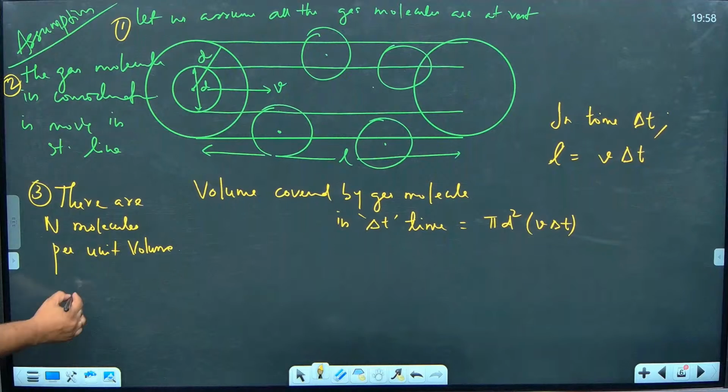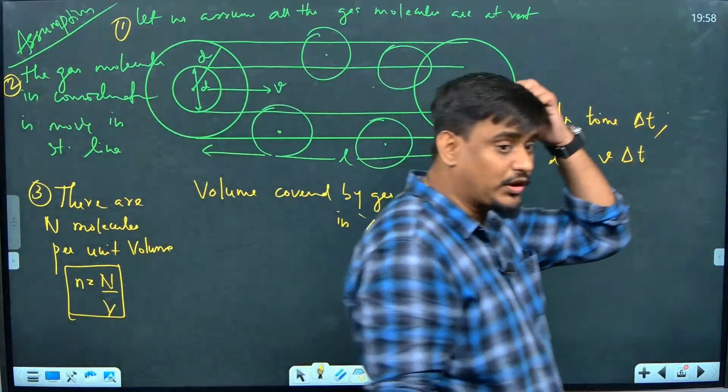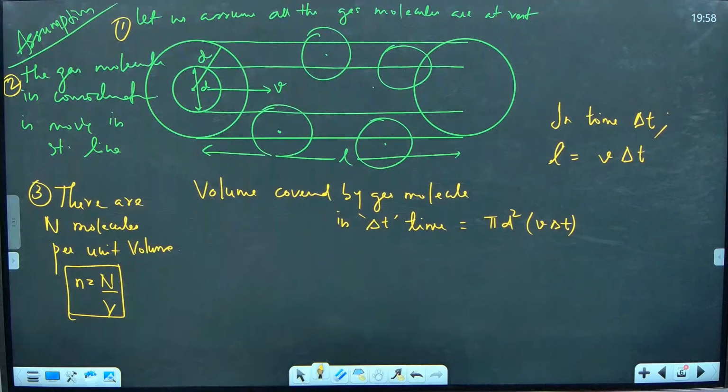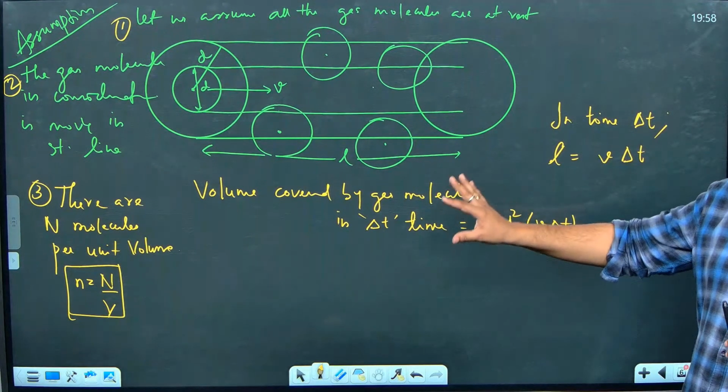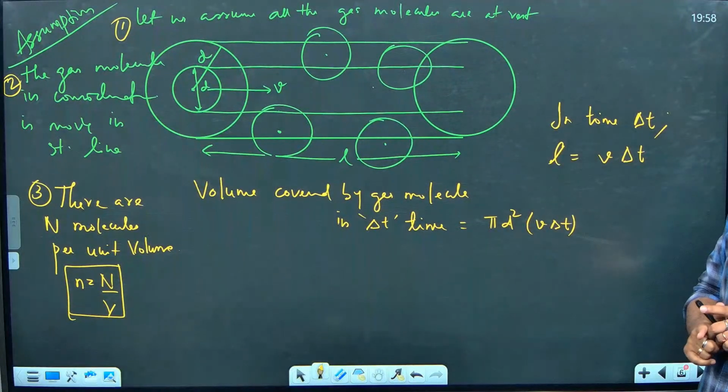So, small n I am taking as capital N by V, where capital N is the number of molecules and V is the total volume. You understand? So, the total number of gas particles I am taking as N by V.